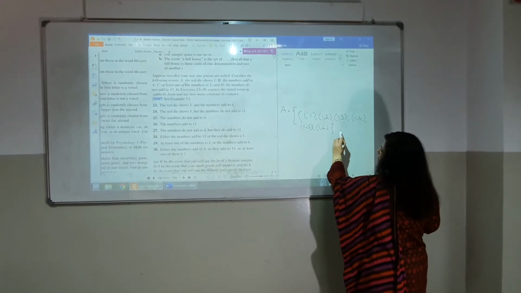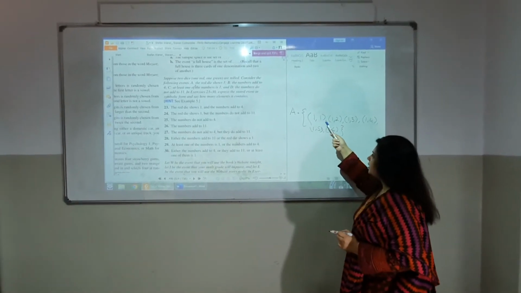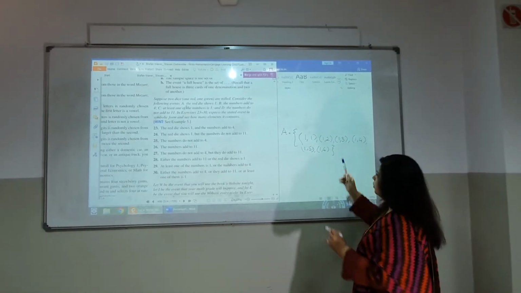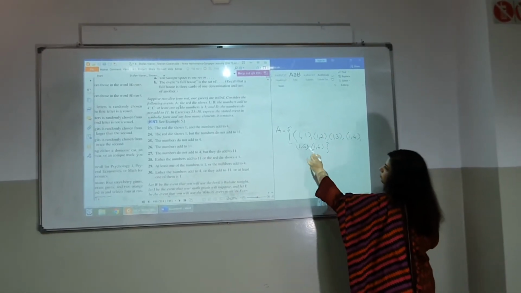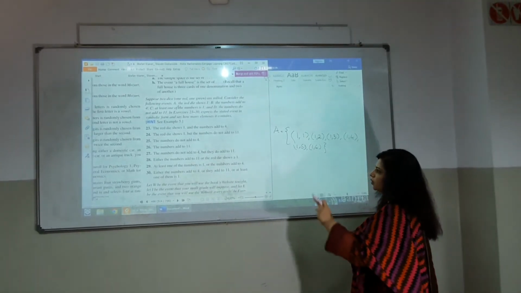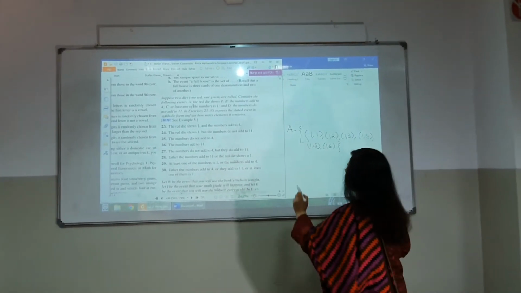Okay? This is going to remain constant because we can't really have this converted. We could also have 6,1, 5,1, but then that would not be the red die, that would be the green die in this case. So now this part is clear.